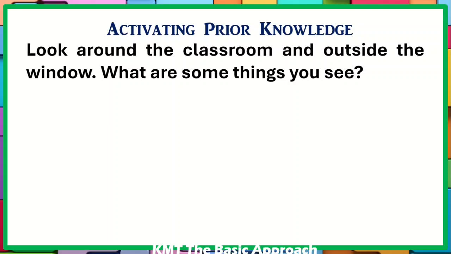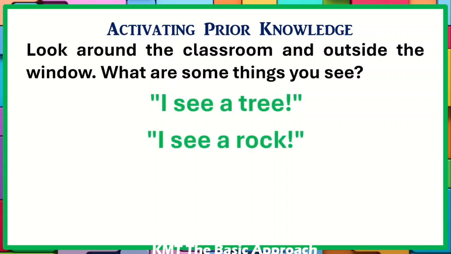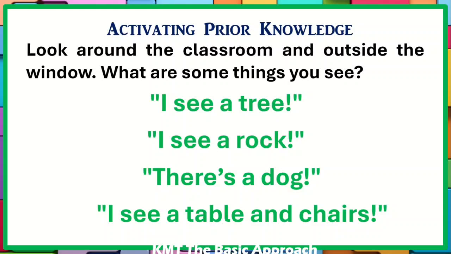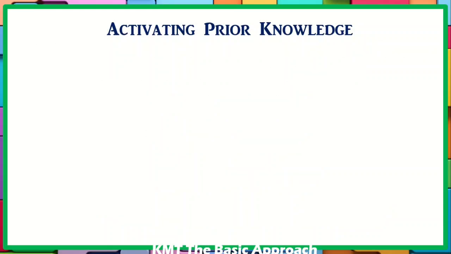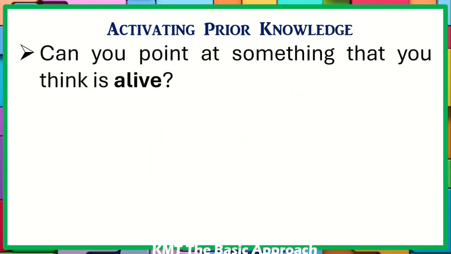Here are the possible answers. I see a tree. I see a rock. There's a dog. I see a table and chairs. Can you point at something that you think is alive?